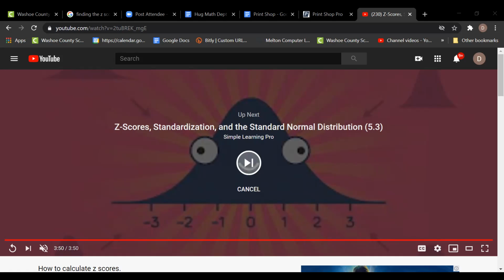At minus 1 standard deviation, take the mean and subtract the standard deviation 2.5. So 63.6 minus 2.5 is going to give you 61.1, okay?